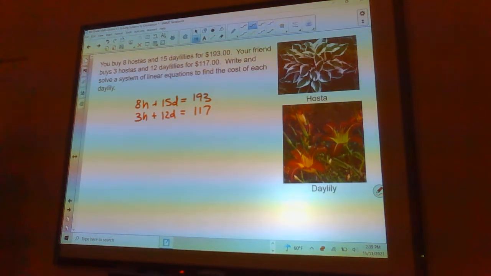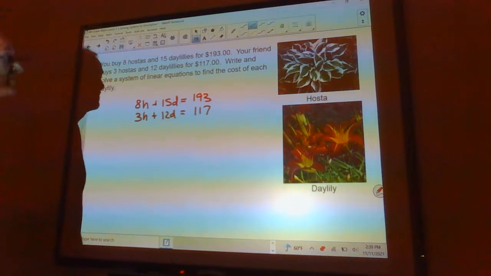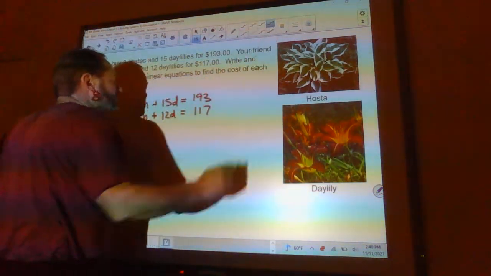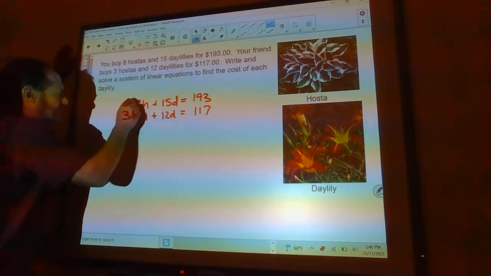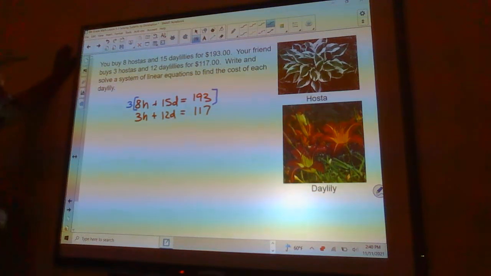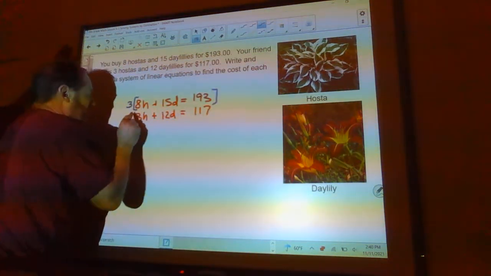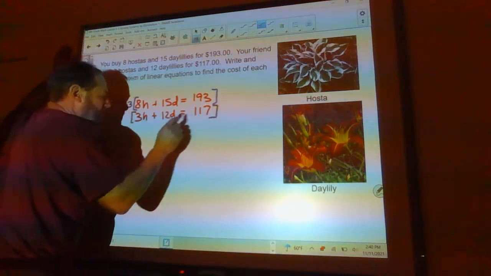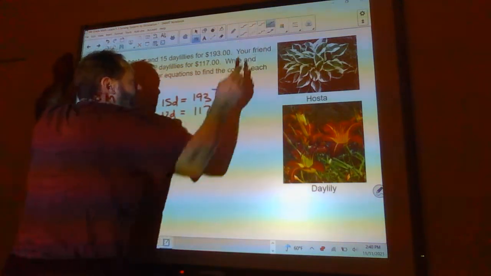Okay, you're not getting out easy on this one because you're going to have to multiply both these equations by something to get something to eliminate. So here's what I would do. I would take this equation here, multiply it by 3. I would take this equation here, multiply it by -8. Of course, I don't have a calculator, so this is going to be fun.